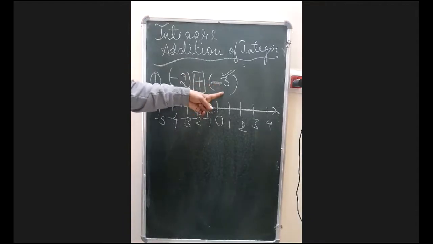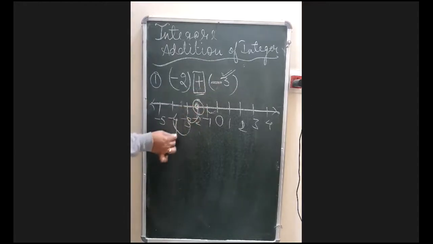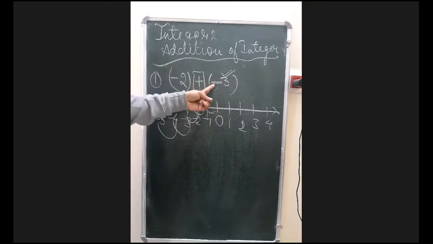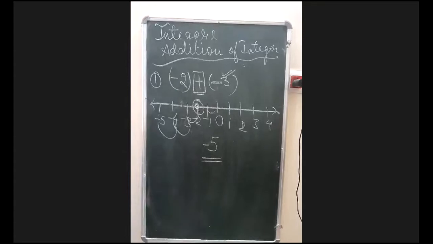So we will do 1, 2 and 3. It is 3 units in the negative direction because it is a negative sign. So now we get the answer. We stop on -5, so our answer would be -5.